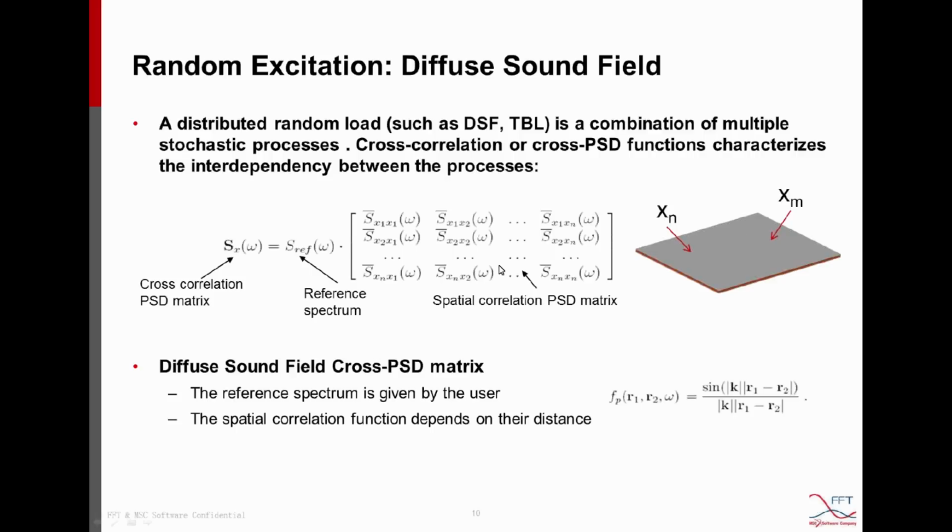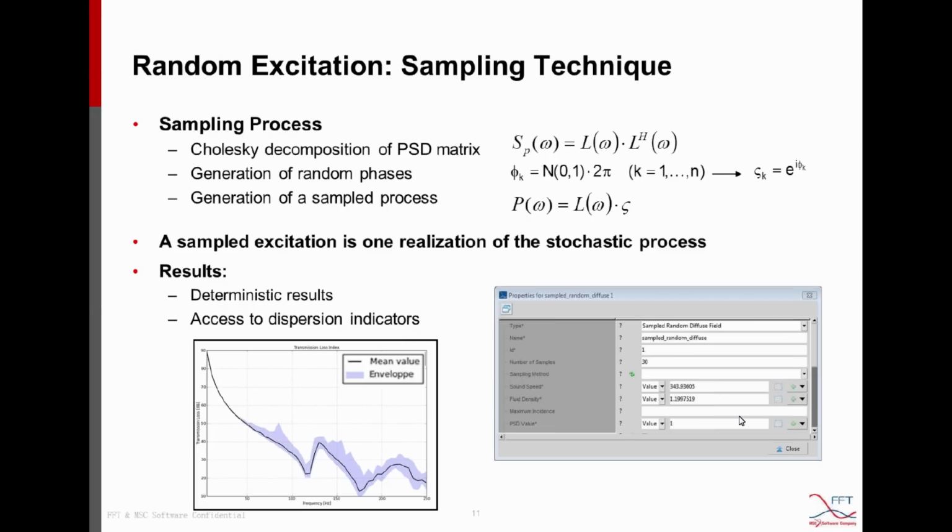And each term of this PSD matrix will have this form, which means the correlation of 2 points under a diffuse sound field depends only on the distance between these 2 points and the frequency being analyzed. And the cross PSD matrix is a dense, full matrix.